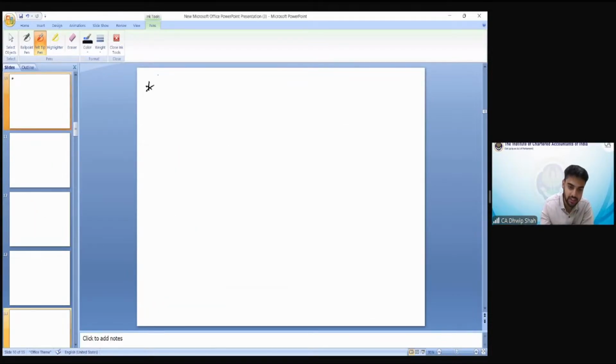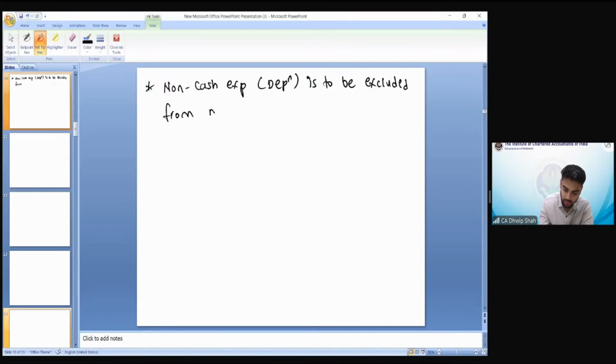So these are some significant points that you need to keep in mind. First, non-cash expenses, that is depreciation, are to be excluded from manufacturing overheads.